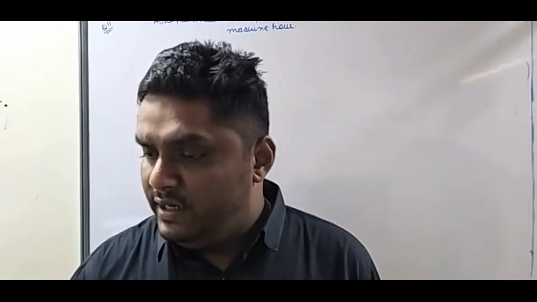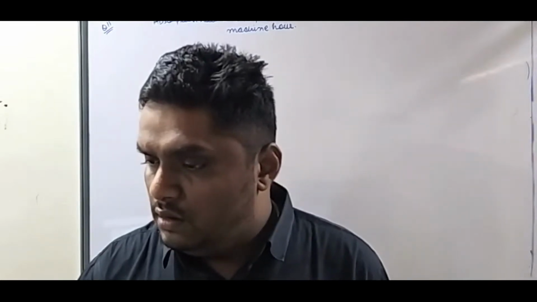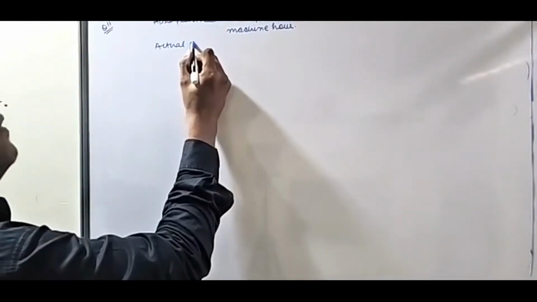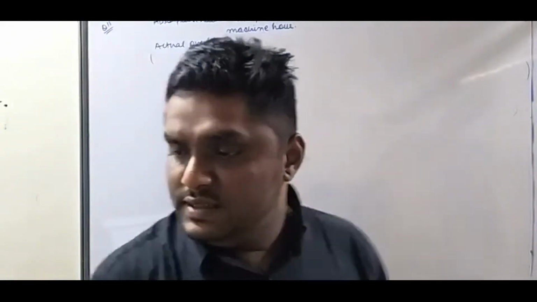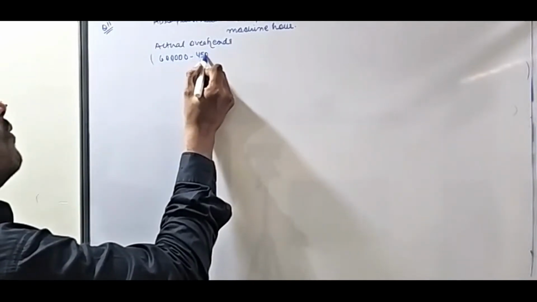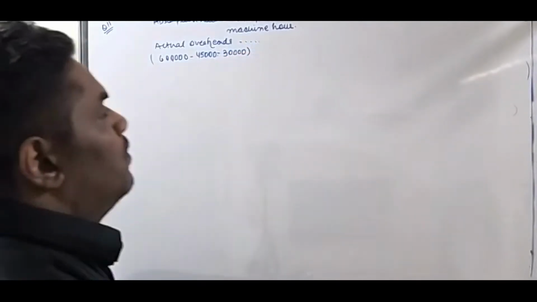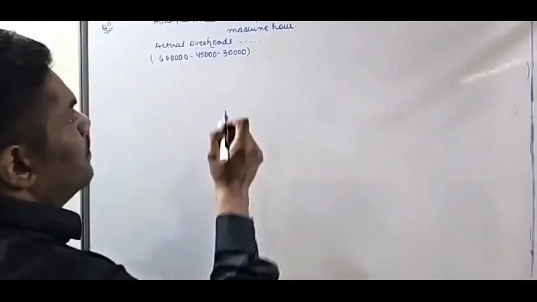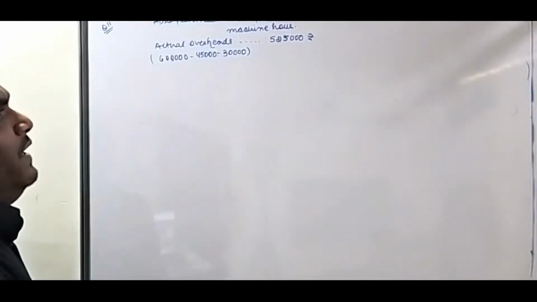So we have to subtract them. In the remaining part of the question, nothing is given as regards the actual overheads. So the actual overheads: 6 lakh minus 75,000 is 5 lakh 25,000.